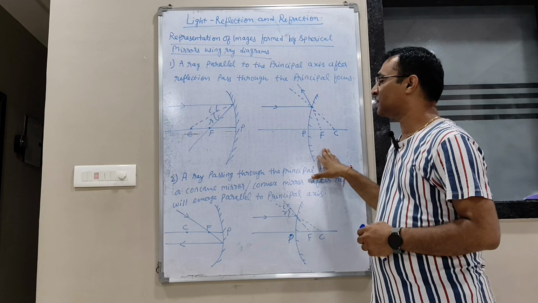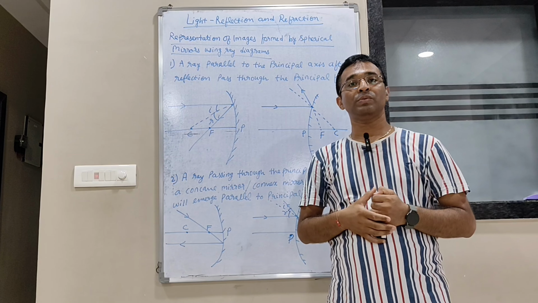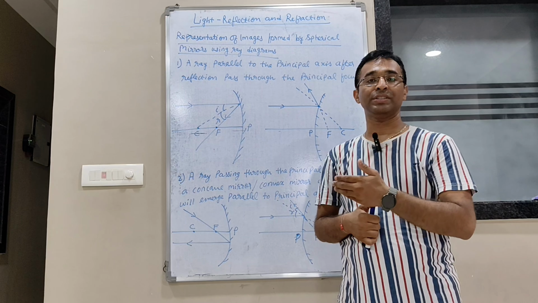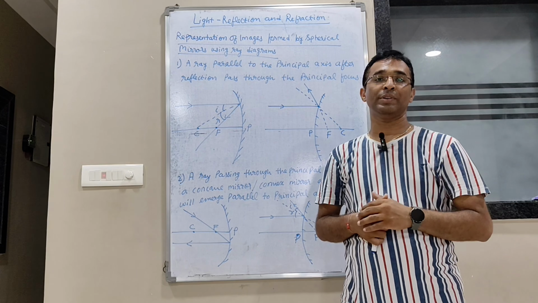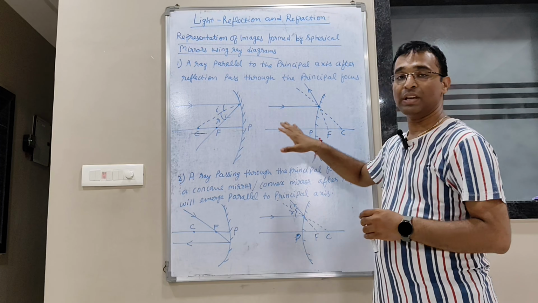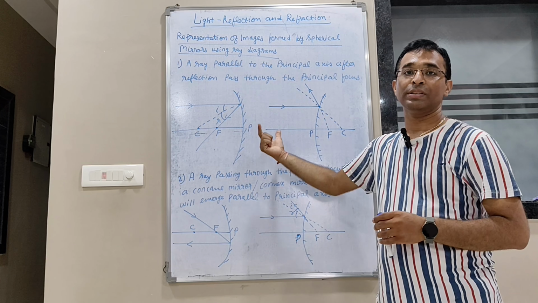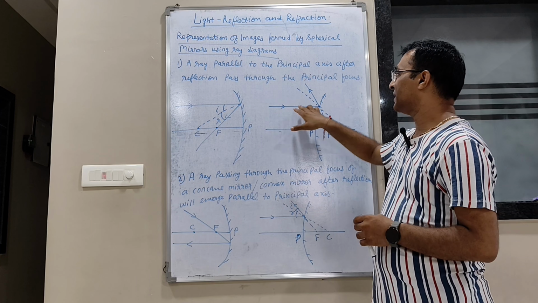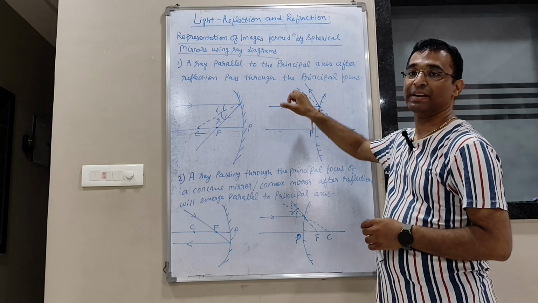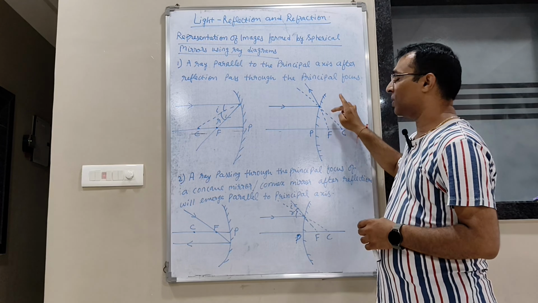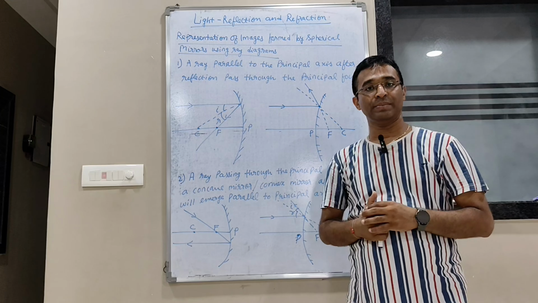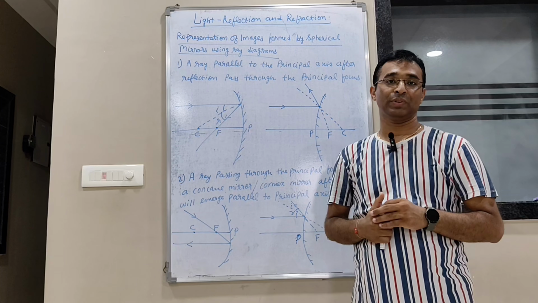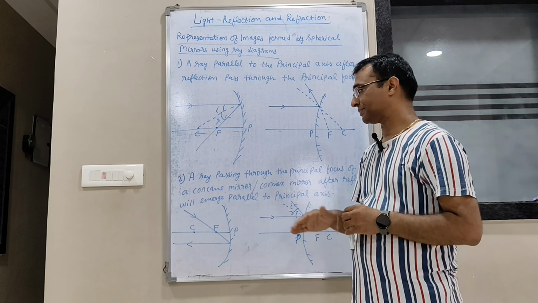Coming to convex mirrors, as we all know, convex mirrors form virtual images. We will discuss this image formation after finishing the rules of image formation. We will form the image and use these rules. In the convex mirror, we can see an incident ray travels to this and strikes back to this. Dotted lines mean the imaginary part and solid lines mean the real lines in the light chapter.